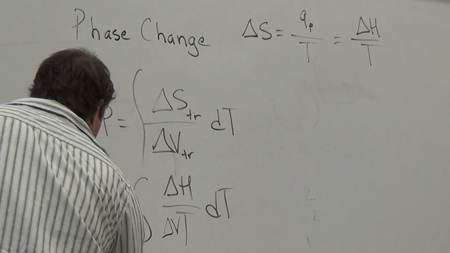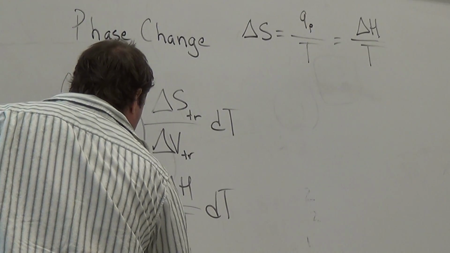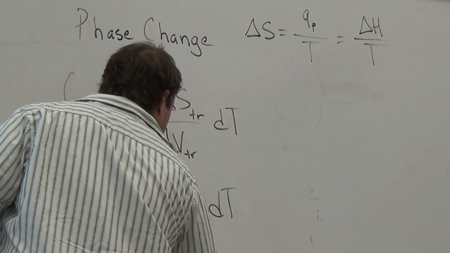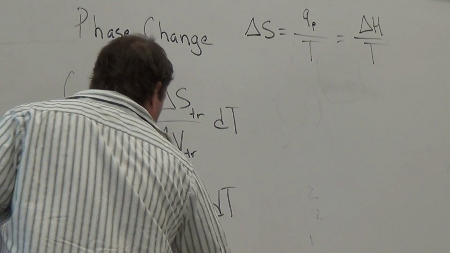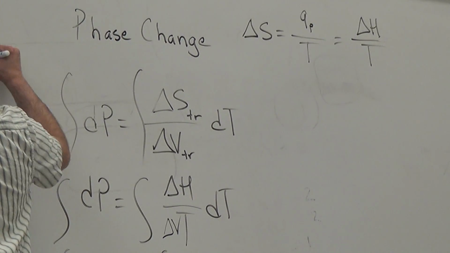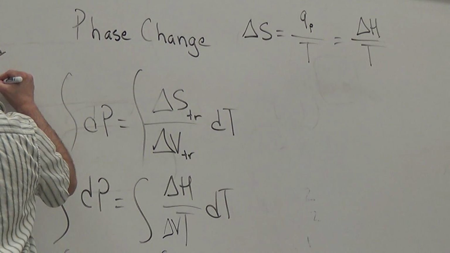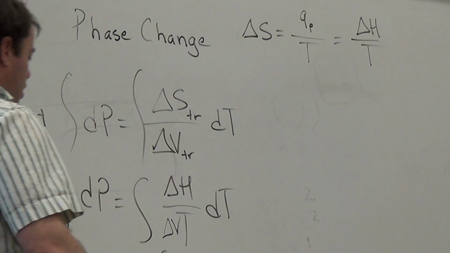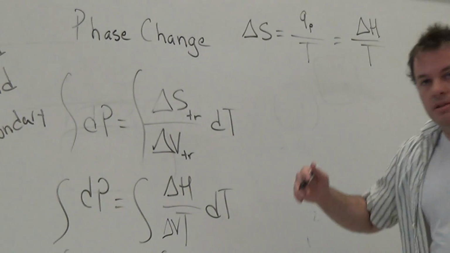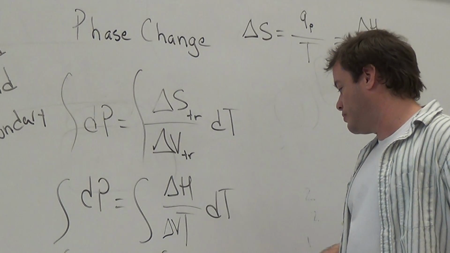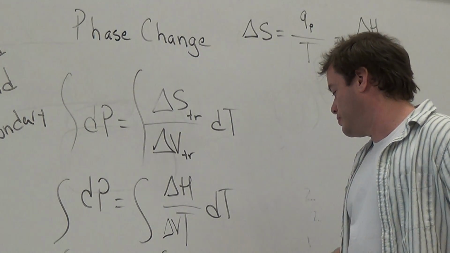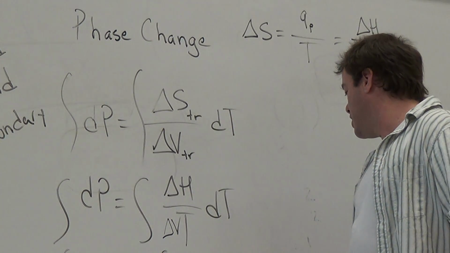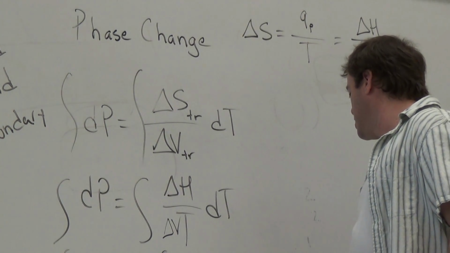So we have the integral of dP is equal to delta H over delta V times the integral of dT over T. What's the integral of dT over T? So the integral of dP is P, evaluated from initial to final, is P final minus P initial.